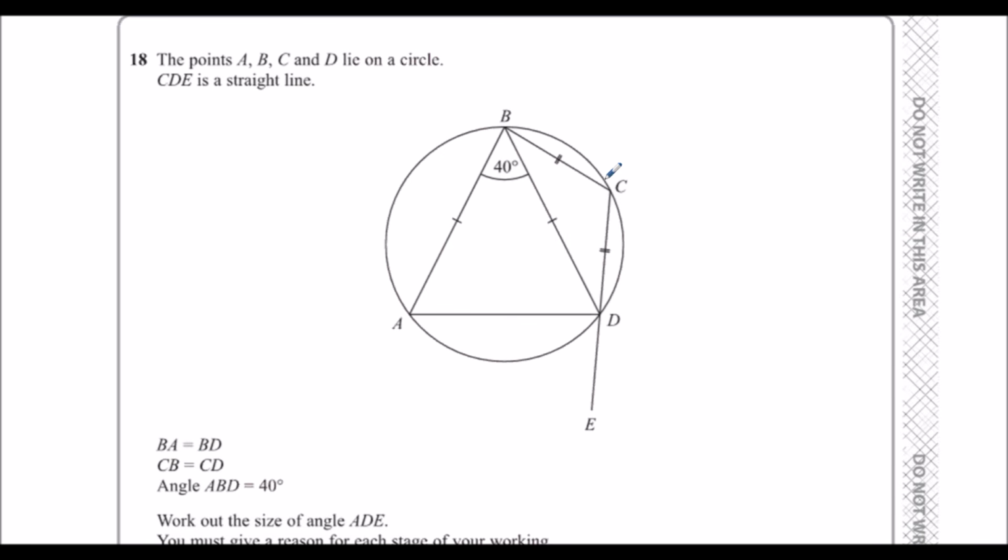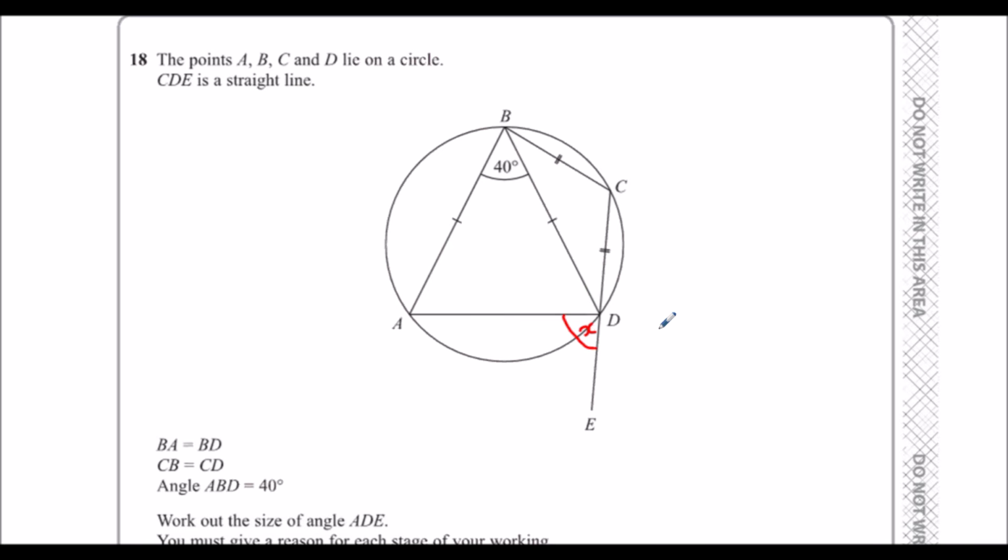CB equals CD. So another isosceles triangle here. And ABD is 40 degrees. Work out the size of angle ADE. Where's ADE? That's the one we're working out there.